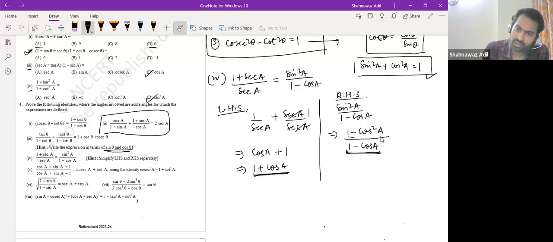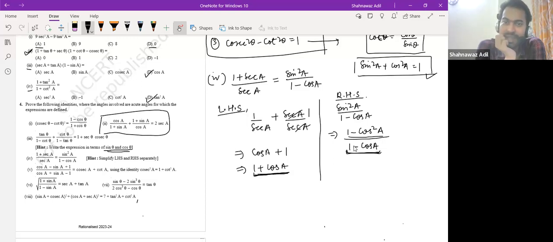So what can we do in here? Cos will be cancelled by cos square. You are cancelling out this square with cos. So what are these minus signs doing?